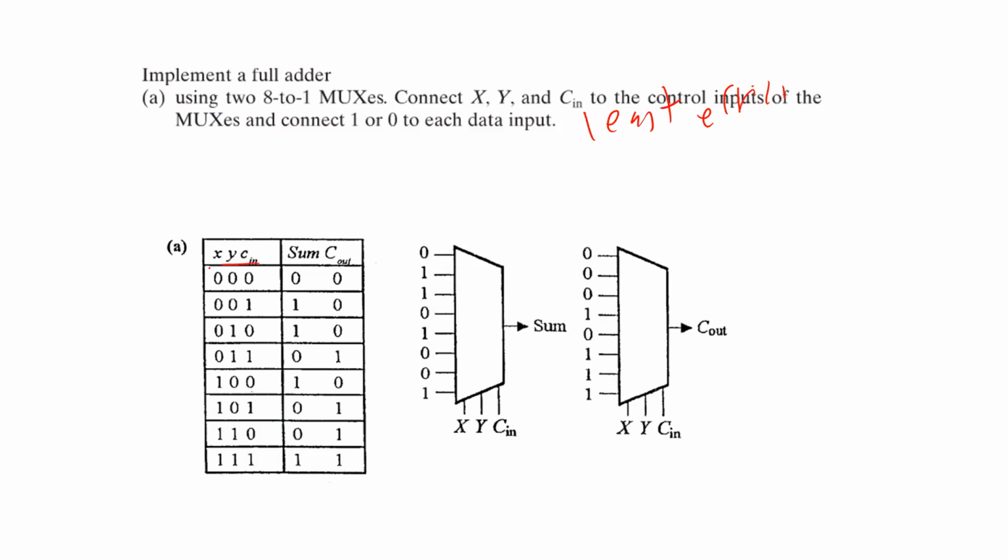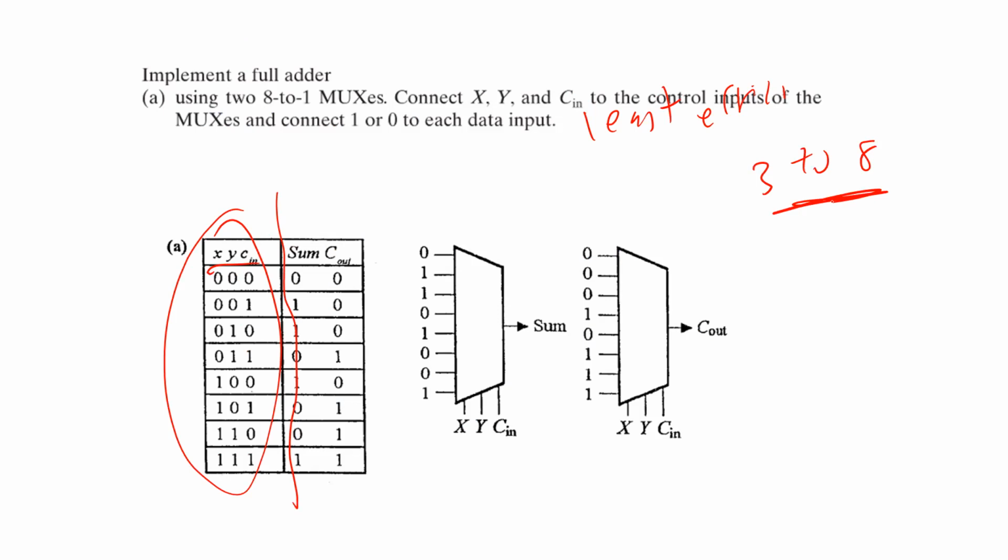The function here has 3 inputs, so I'm going to use an 8 to 1 multiplexer. This is one way to do it.